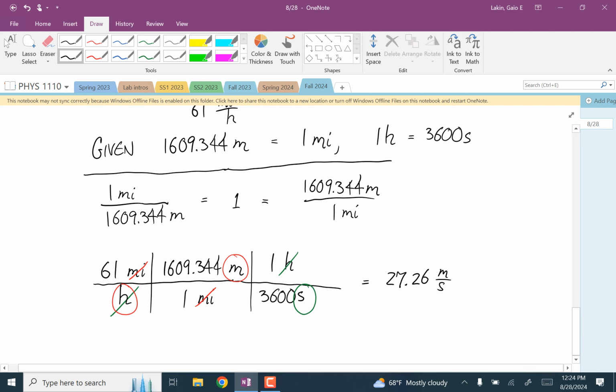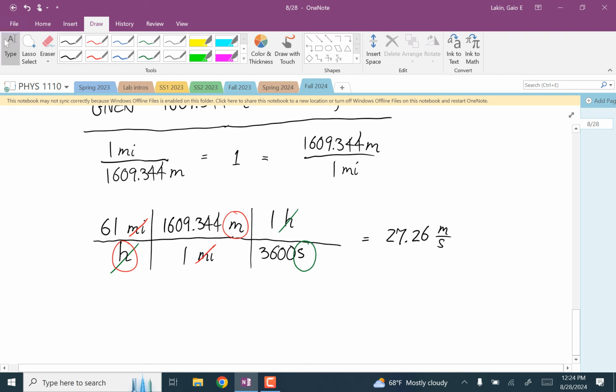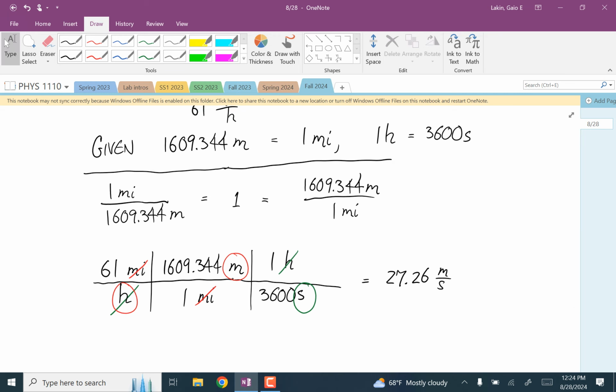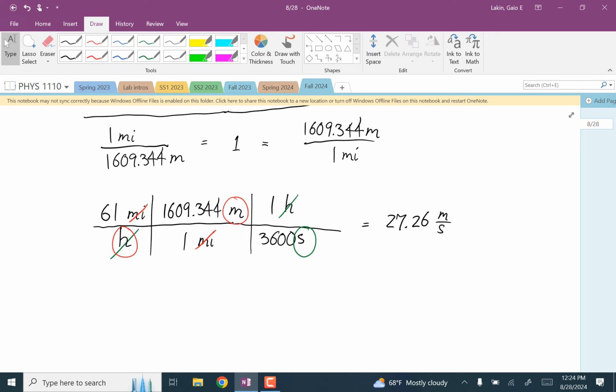27.27 or 26. I have 2.6, but okay, maybe I rounded carelessly. Oh, it's okay. Okay, so the one more new thing that you have to see is the case where you have a unit that's squared or cubed or something like that.